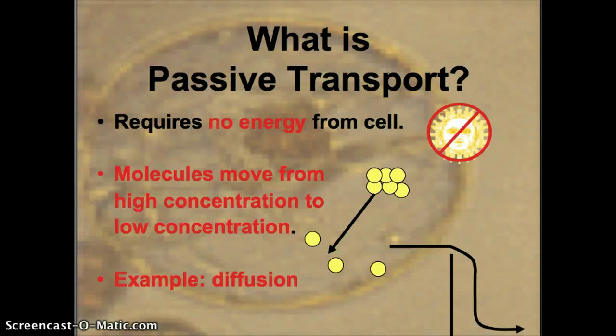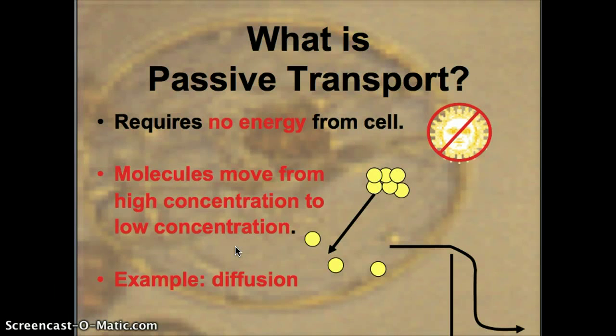Alright, now you've got a T-chart. Okay, the left-hand side should say active transport, the right-hand side should say passive transport. You need to know a couple of things here. Passive transport requires no energy. Okay, so that should be your first empty bullet point. It requires no energy. Okay, and then in passive transport, we move from high concentration to low concentration.